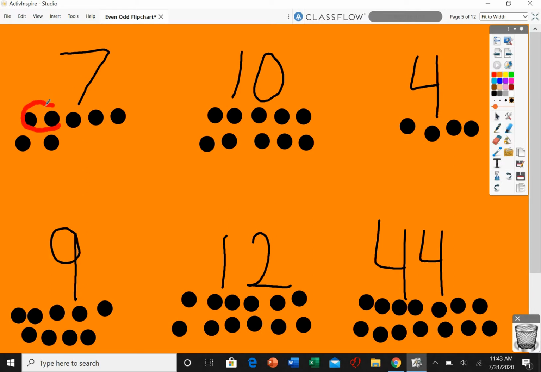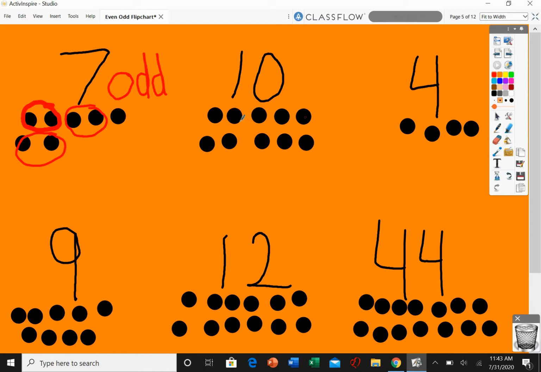I'm going to make my pen just a little bit smaller. There we go. I put those 2 together. Uh-oh, but does he have a pair or a buddy? No, this one doesn't. So what does that make 7? That's right. We're going to call 7 an odd number because it does not all match up. It doesn't have a pair. There's one left over.